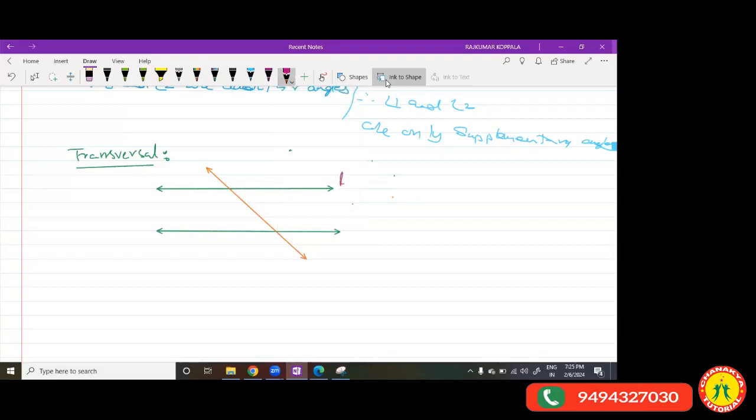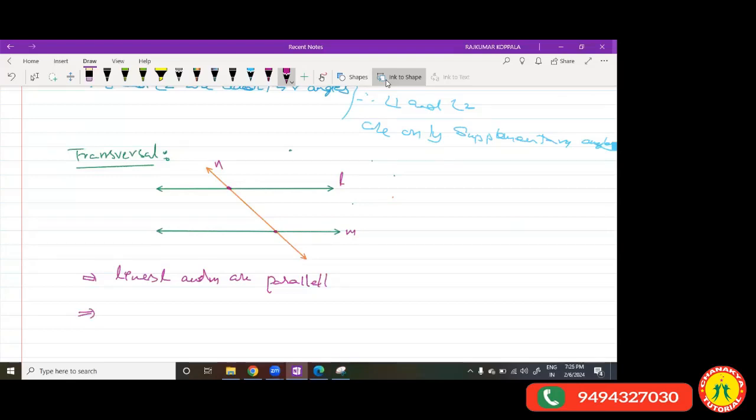This is line L, this is line M, this is N. L and M are parallel or not? Yes, parallel. Lines L and M are parallel. And see that N is intersecting the two lines at two different points, right?